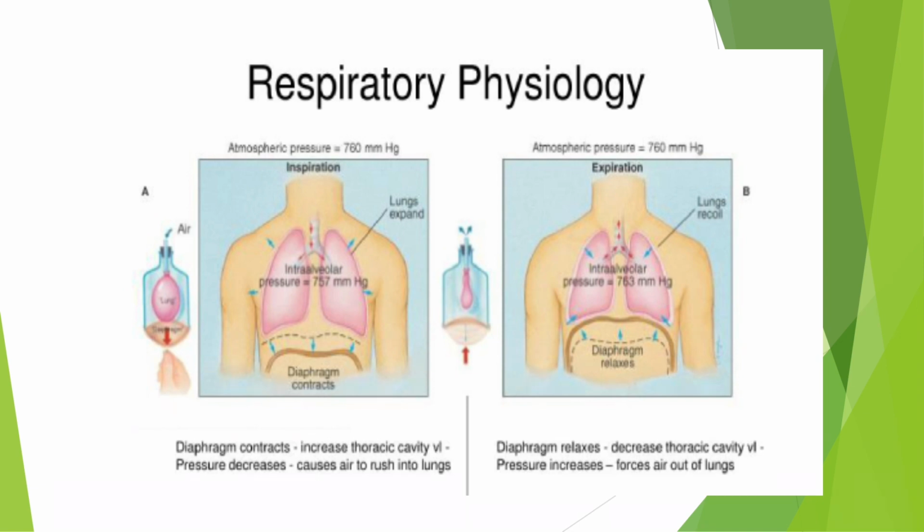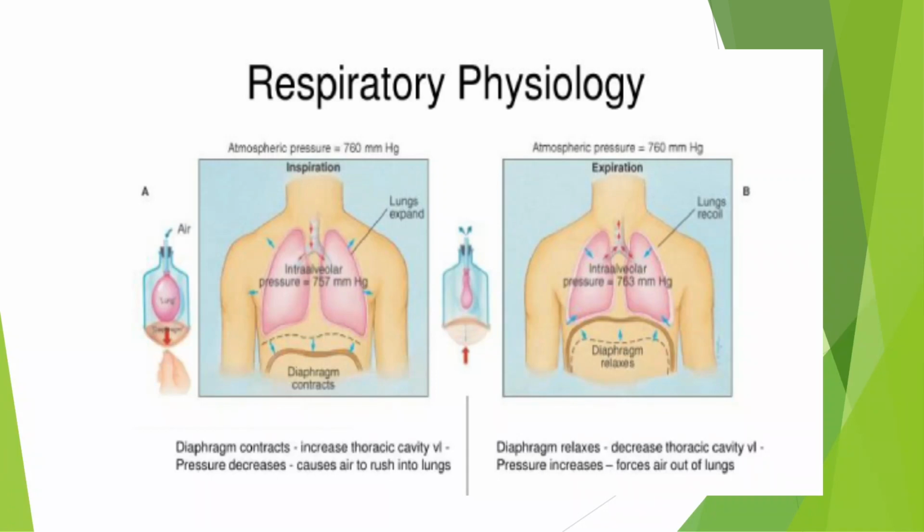Then this is a diagrammatic representation of respiratory physiology. Here during inspiration, the intra-alveolar pressure will be 757 mmHg. The lungs will expand during inspiration and the diaphragm will contract.